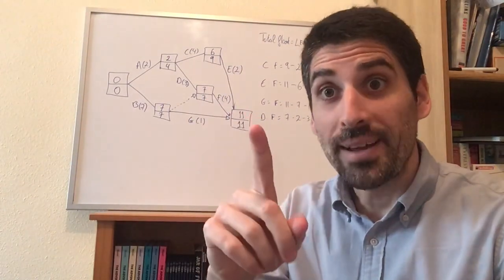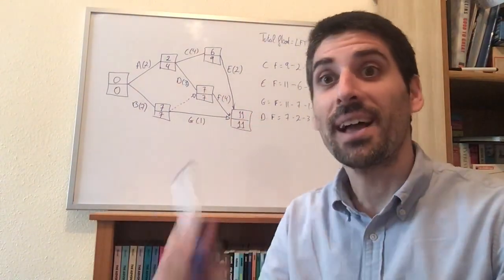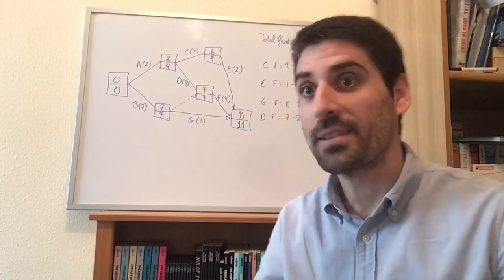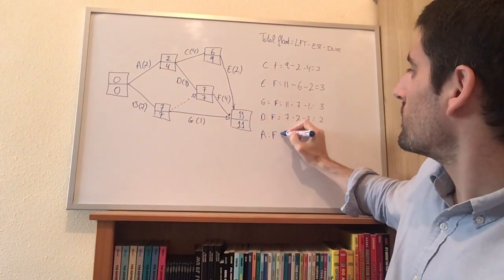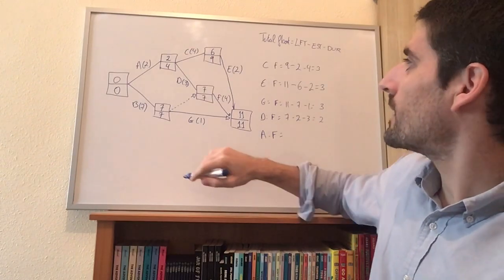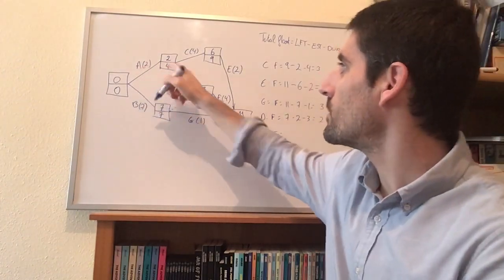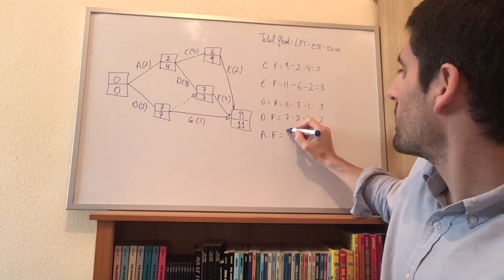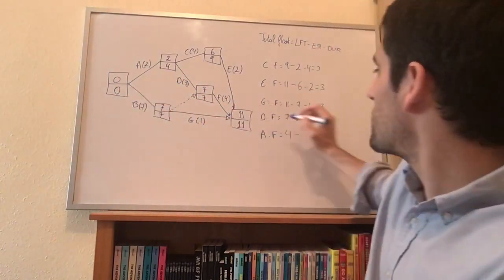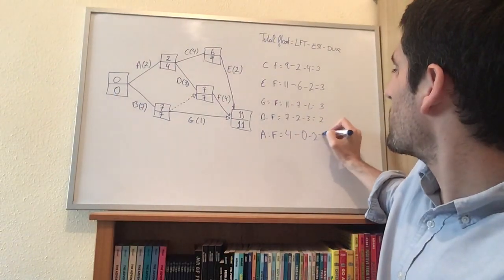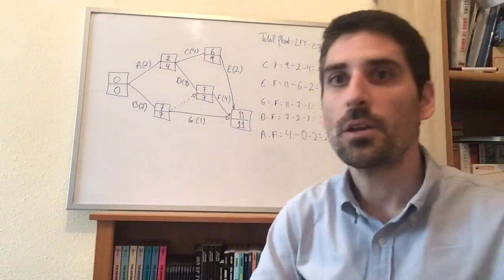And if you've been paying attention, you would have realized that A is also not a critical activity. So for A, the float would have been the late finish time for A, which is 4, minus the early start time for A, which is 0, minus the duration, which is 2.